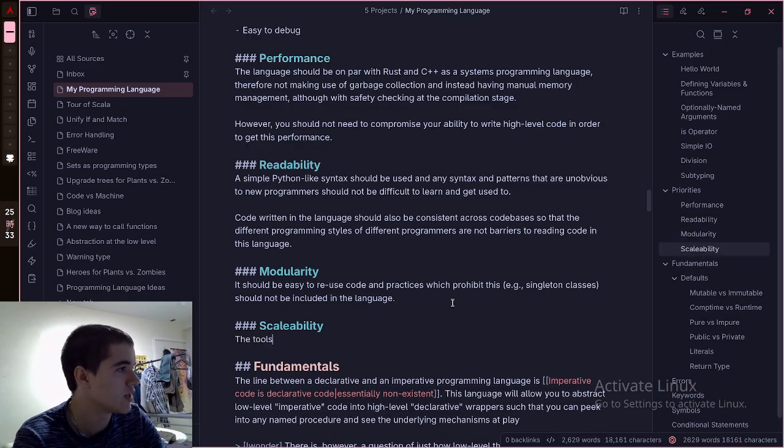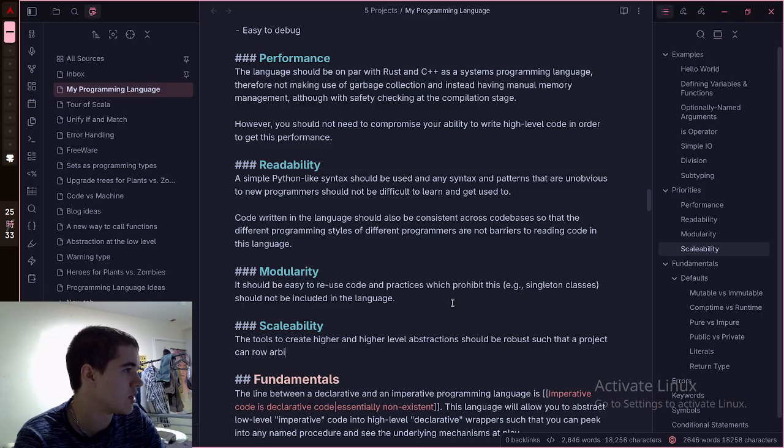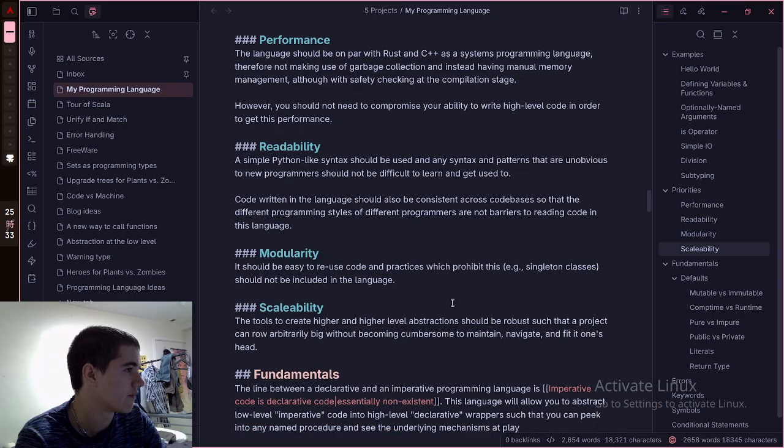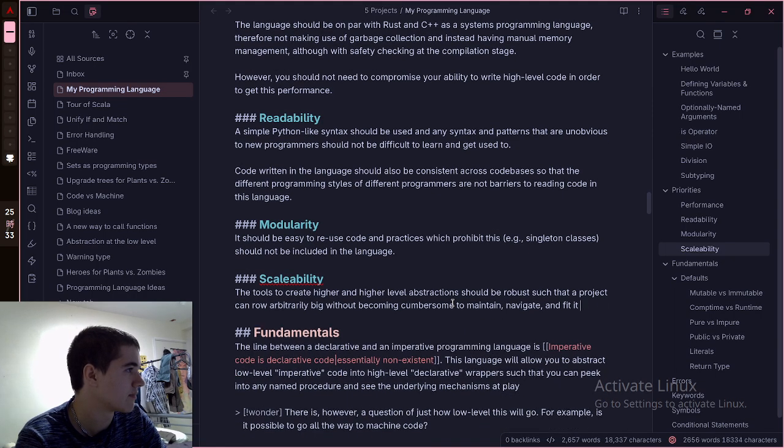The tools to create higher and higher level abstractions should be robust, such that a project can grow arbitrarily big without becoming cumbersome to maintain, navigate, and fit in one's head and reason about.